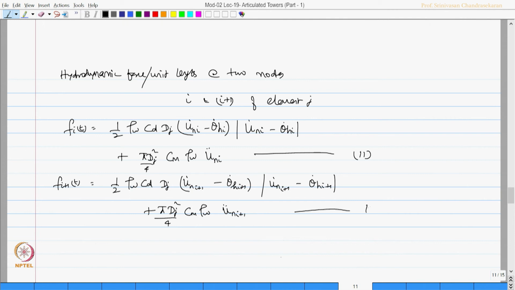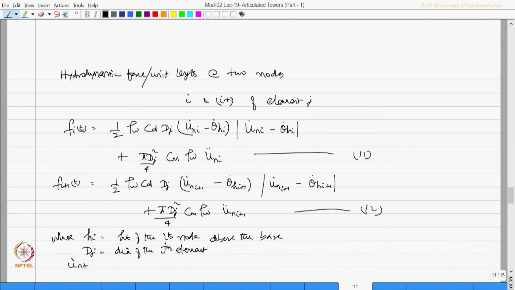I call this equation number 12, where h_i is the height of the ith node above the base, d_j is the dia of the jth element, and u dot n and u double dot n are the velocity and acceleration of the water particle at node i.